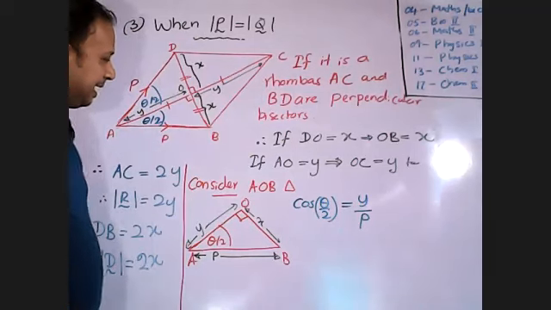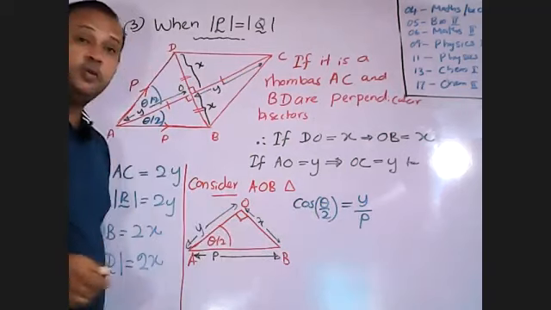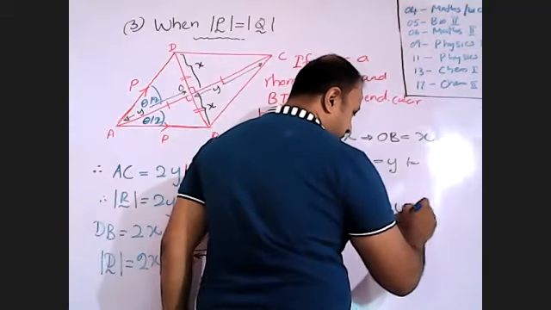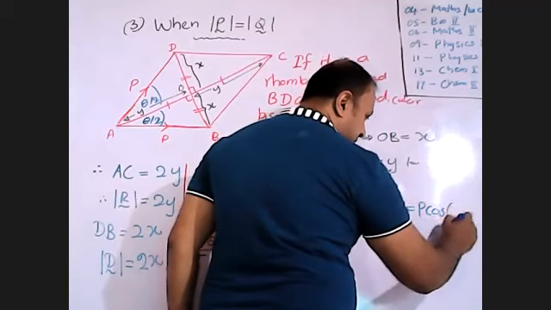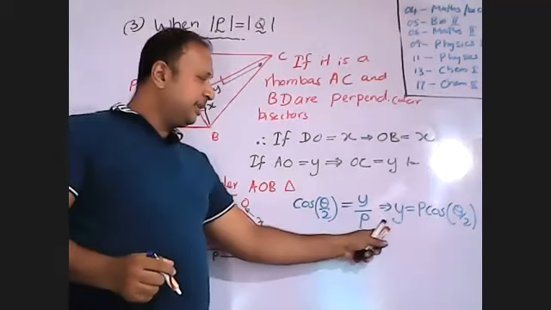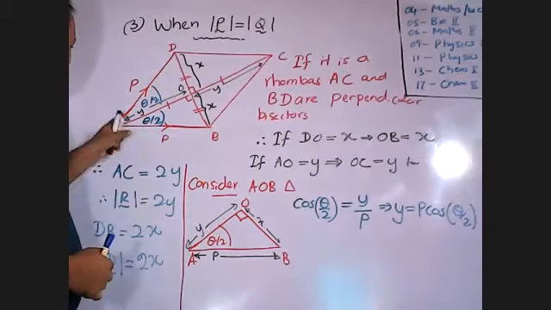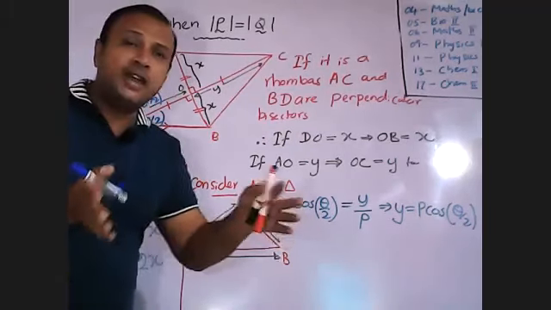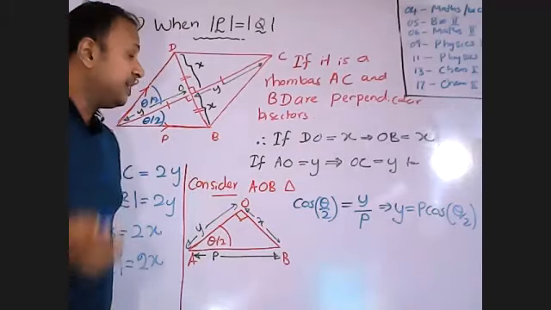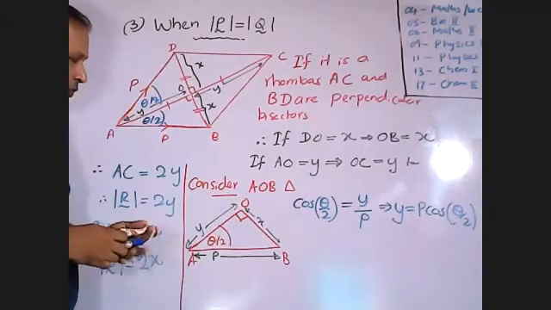So then I can make Y the subject. Y is equal to P cos theta over 2. That is the value of Y. You know the value of R means 2 times Y. Therefore, the resultant force can be written as 2P cos theta over 2.